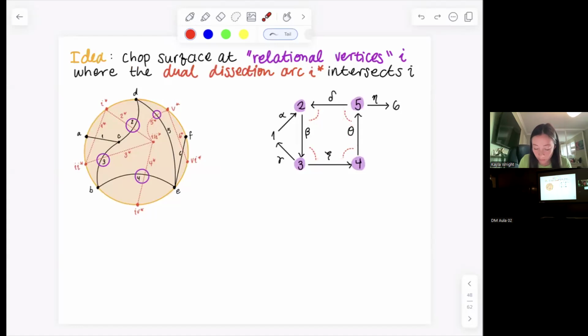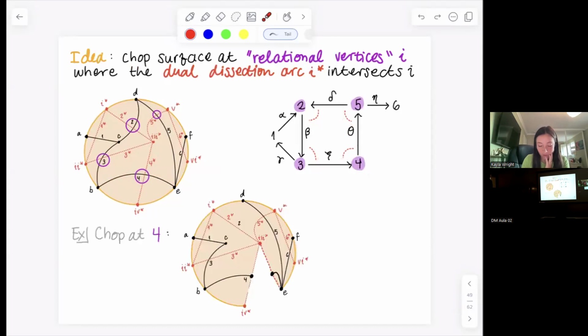So I think the first one I chose to do, it doesn't matter the order that you do this in, is 4. So what I want to do is look at this intersection between the arc 4 and black and its dual arc and cut the surface there to kind of get rid of this relation.